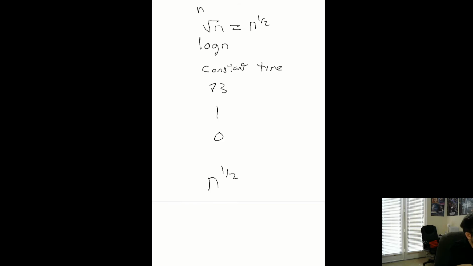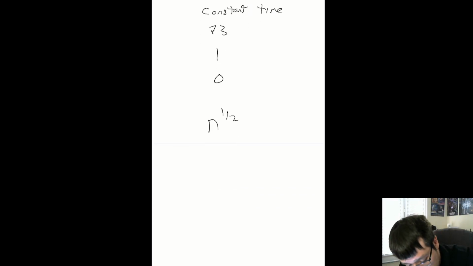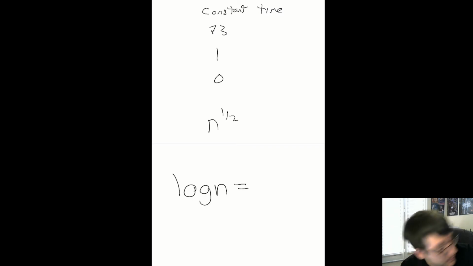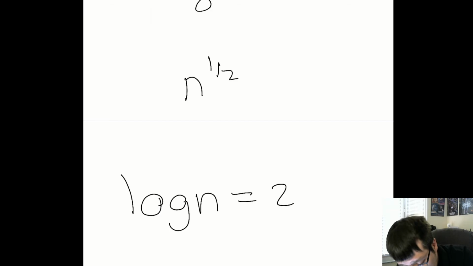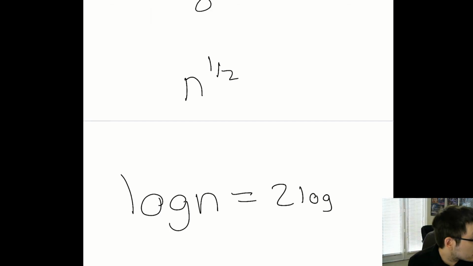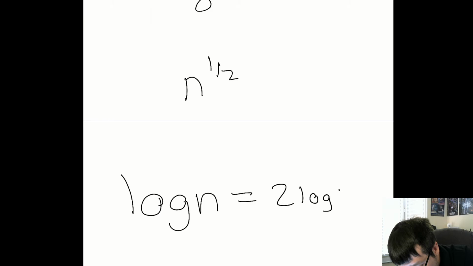Square root and log n equality. Okay. So it claims that log n is equal to 2 log square root of n.